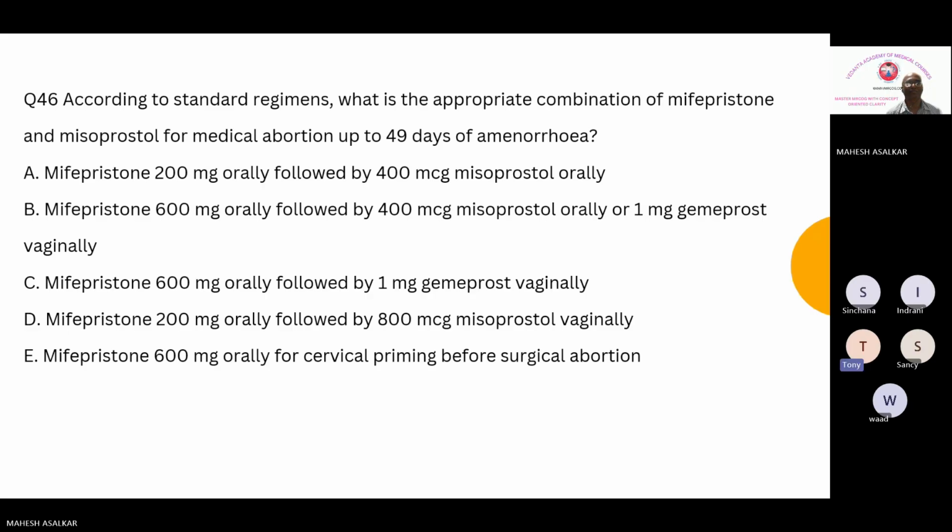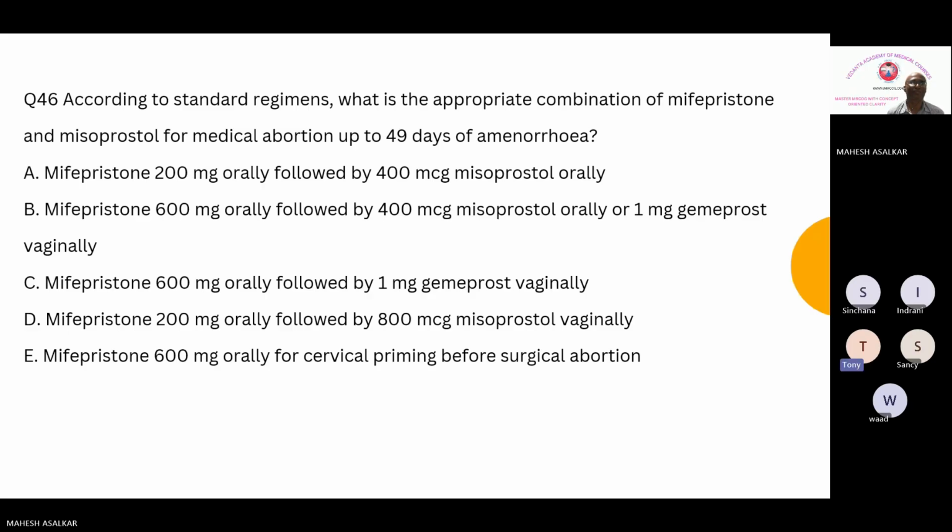Option C: mifepristone 600 mg orally, followed by 1 mg gemiprost vaginally. Option D: mifepristone 200 mg orally, followed by 800 microgram misoprostol vaginally. Option E: mifepristone 600 mg orally for cervical priming before surgical abortion.